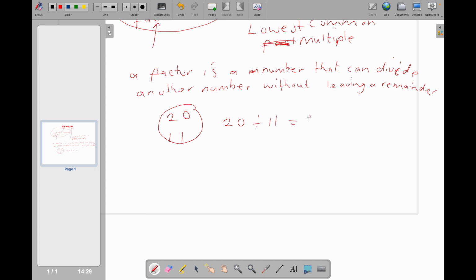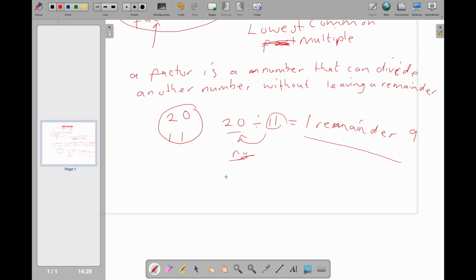The answer is 1 remainder 9. So is this number a factor of 20? Is 11 a factor of 20? No, it's not.